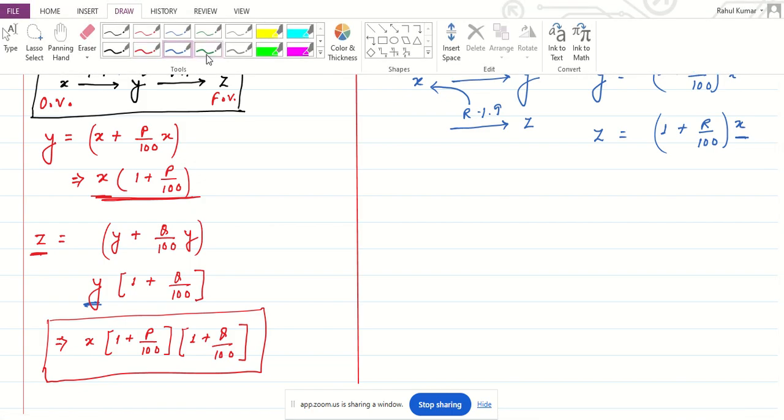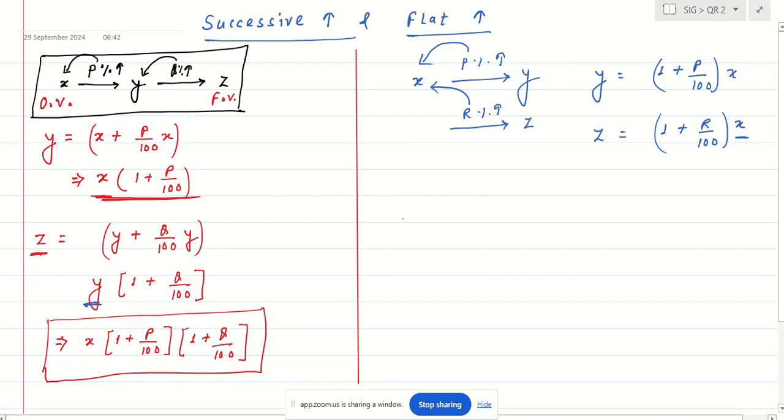Now I'll give you one simple example to understand. Let's say x is the initial value, and an increment of 10% is given, and I get y. So how to get the y value? Y equals 1 plus 10% into x.